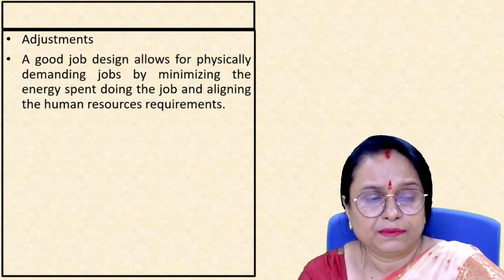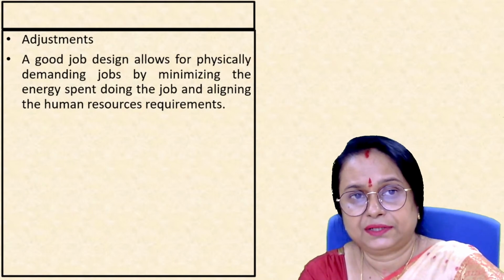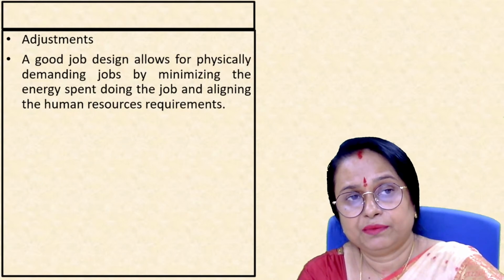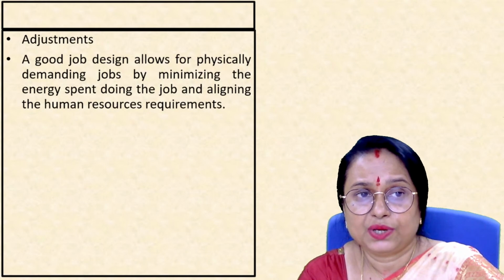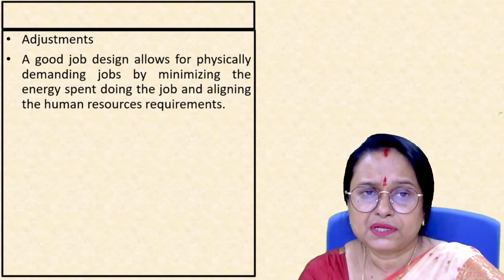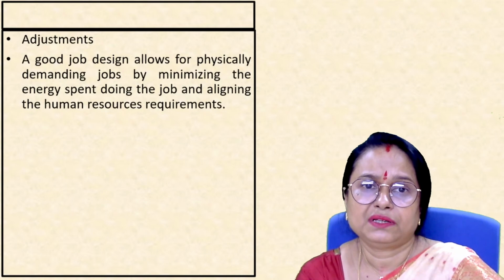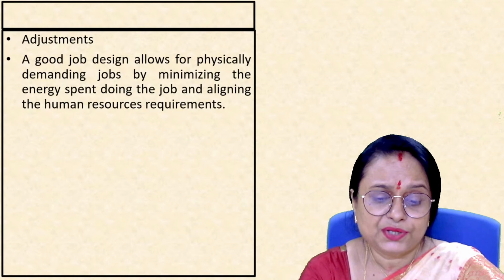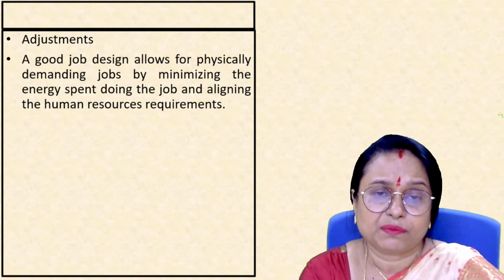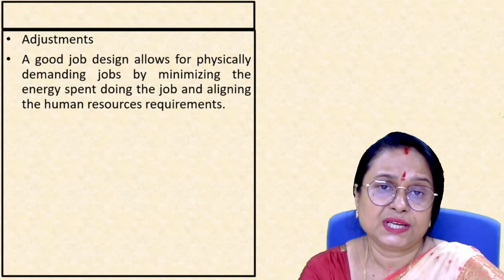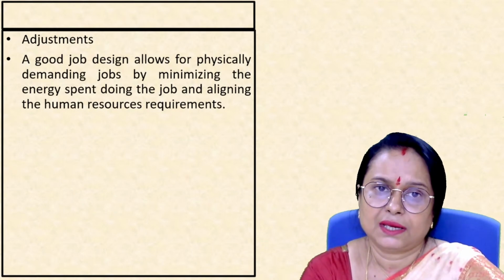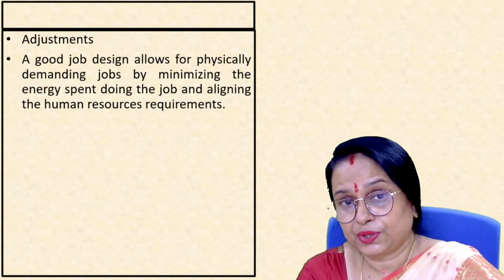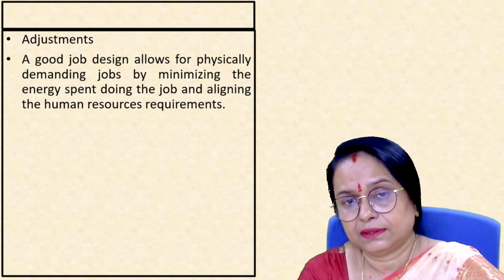So the most important factor of job design or redesign would be adjustments. So a good job design must allow adjustment in the designing process, because the employees who perform should be physically fit and mentally happy if the production is going to be efficient and effective.